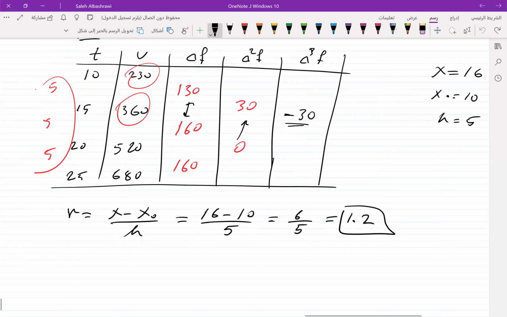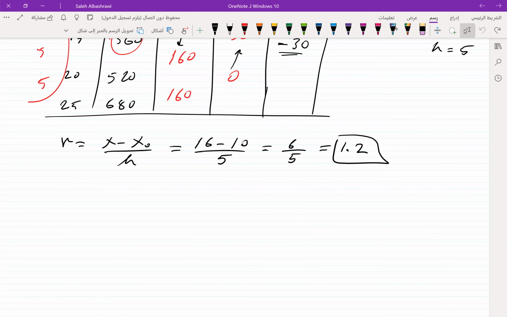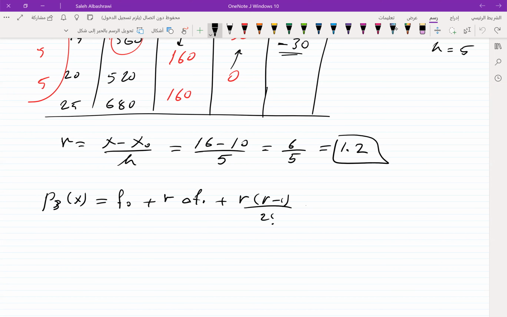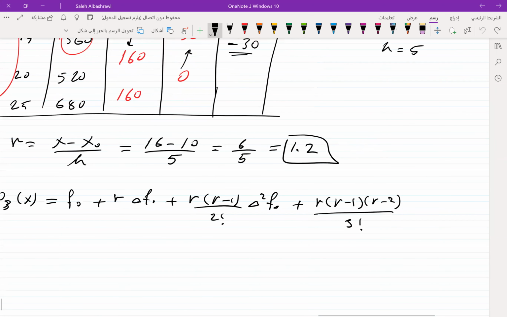So the polynomial now, B3, is equal to f sub 0 plus R delta f sub 0 plus R times R minus 1 divided by 2 factorial, second difference operator 0, plus R minus 1, R minus 2 divided by 3 factorial, third difference.